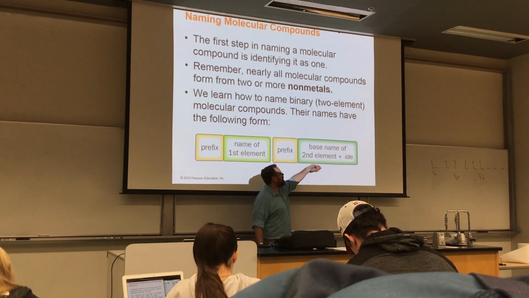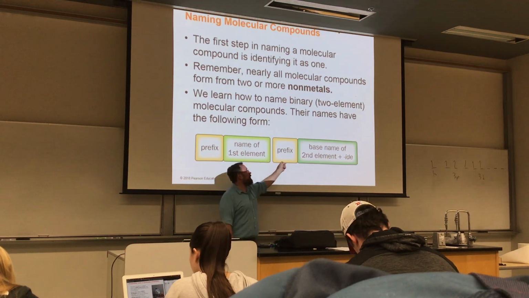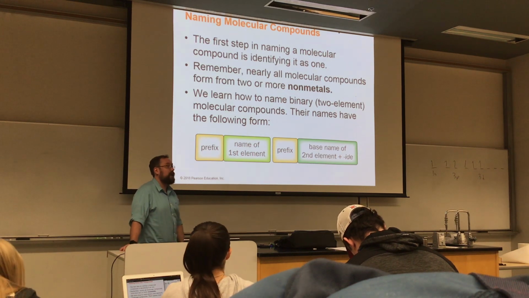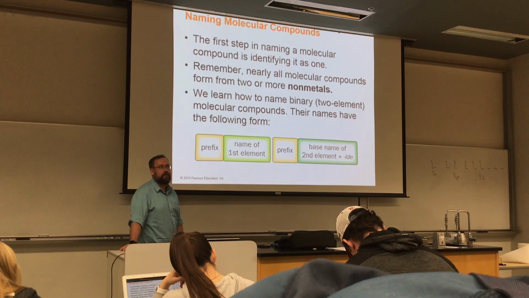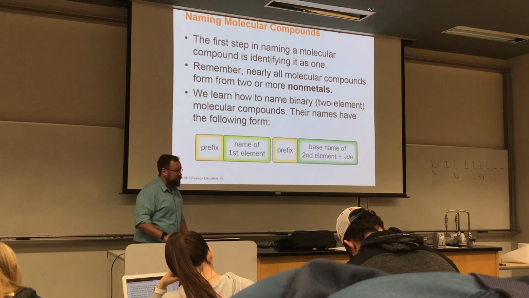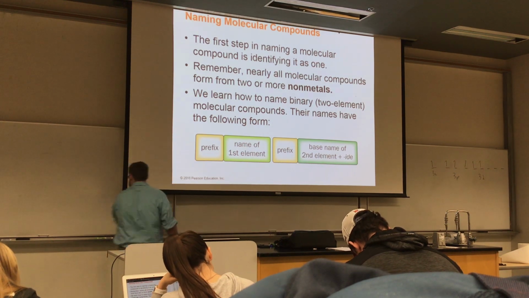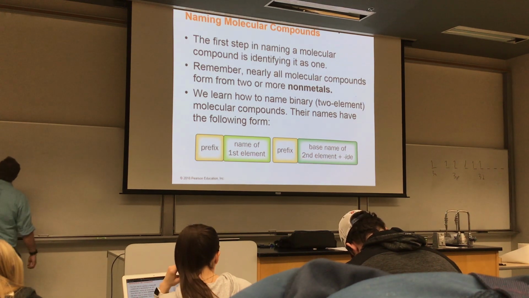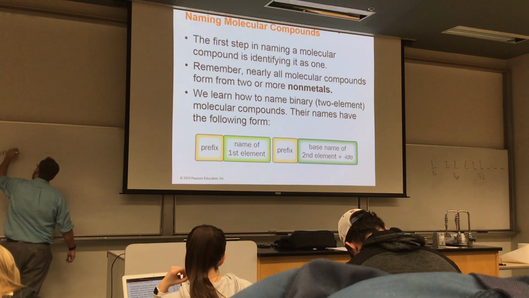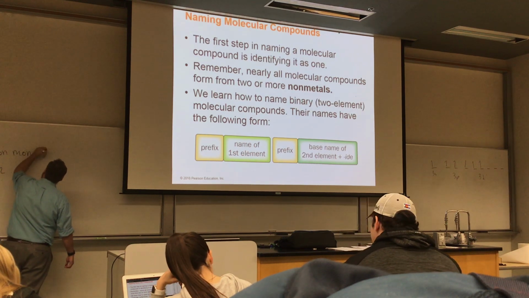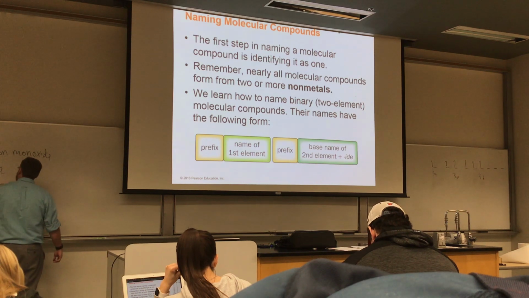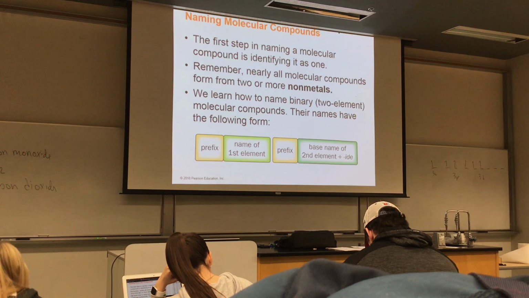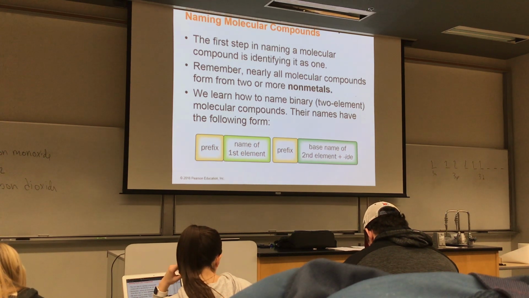And then we take the base name of the second element, change it to "ide," and also add the prefix for how many atoms of that element are in the molecular formula. So for CO versus CO2, we call this carbon monoxide, whereas this is carbon dioxide, telling us in this one we have one oxygen for every carbon, in this one we have two oxygens for every carbon.